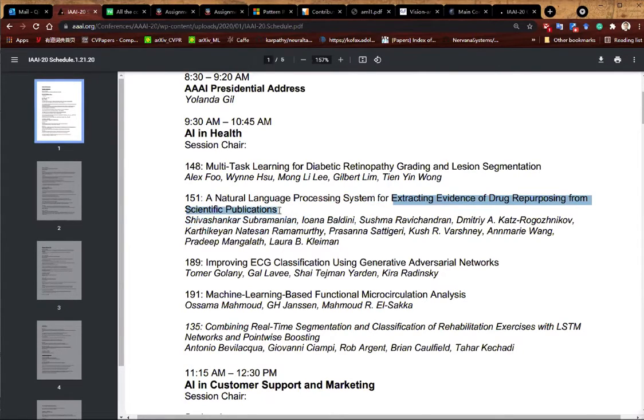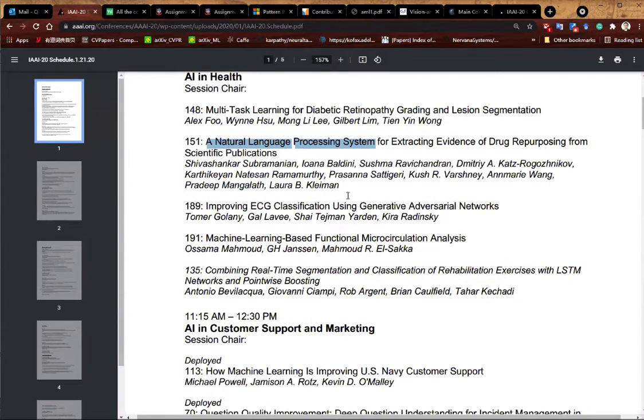This is the application, and this is the method, basically a natural language processing system. Improving ECG classification using generative adversarial networks. Most students, like just mentioned, you are working on generative adversarial networks, right? So these people use generative networks to improve the ECG classification. That's the application, and that's the method.